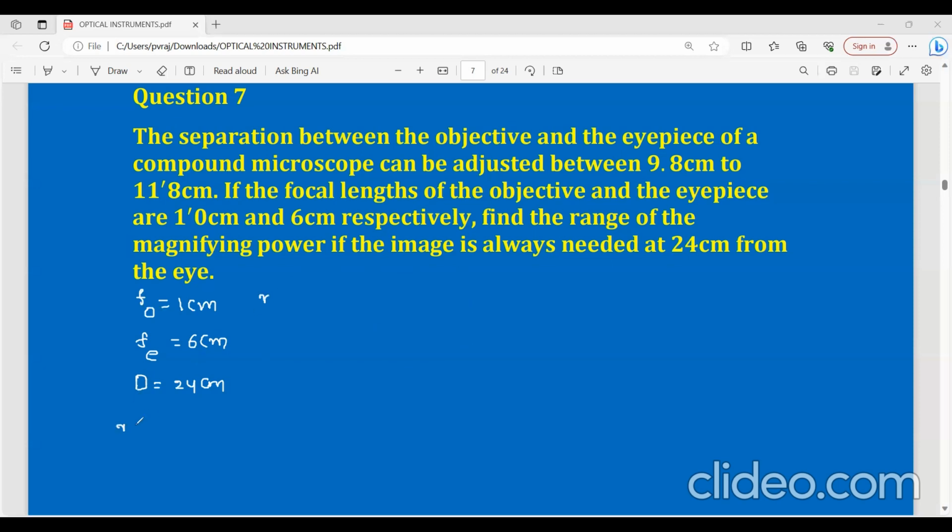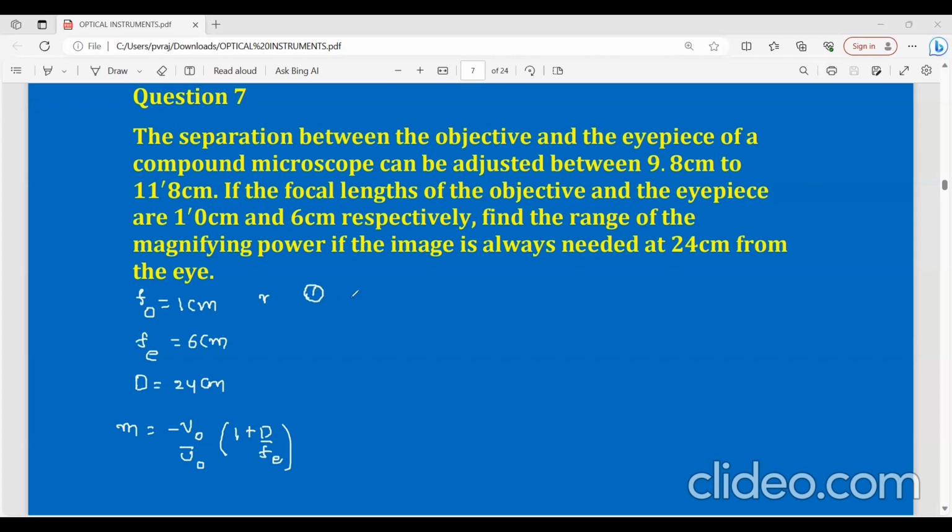What is the magnifying power? Equal to minus VO by UO into 1 plus D by FE. Again, for the two separations, separately you have to calculate the magnifying power.